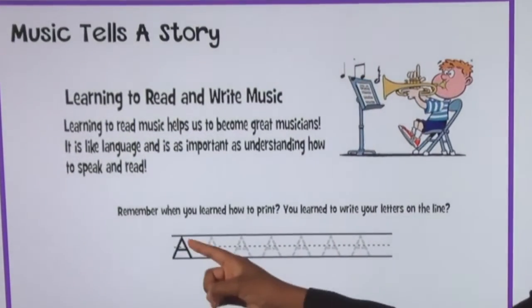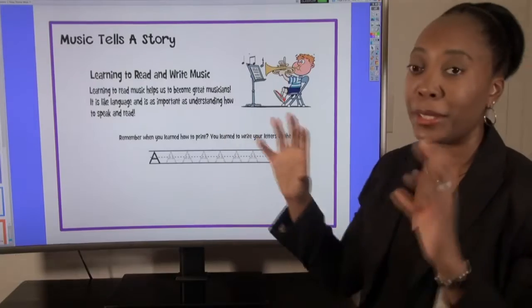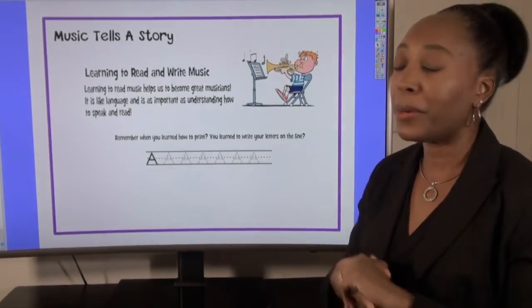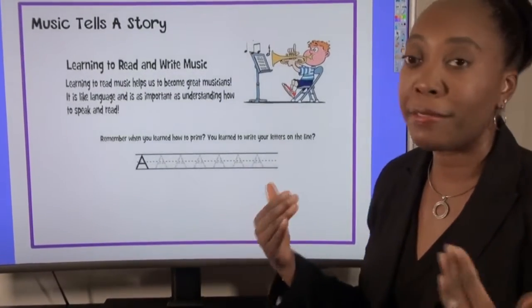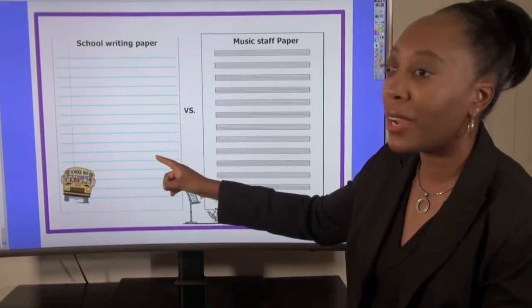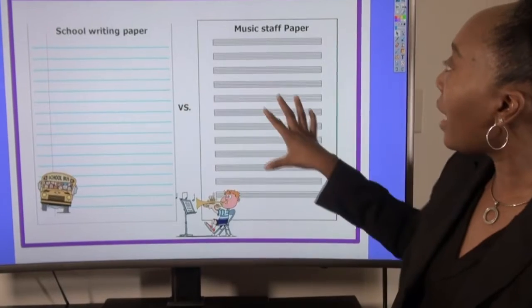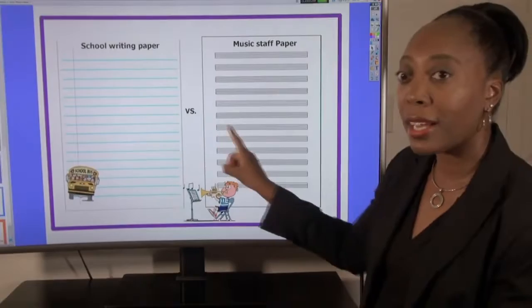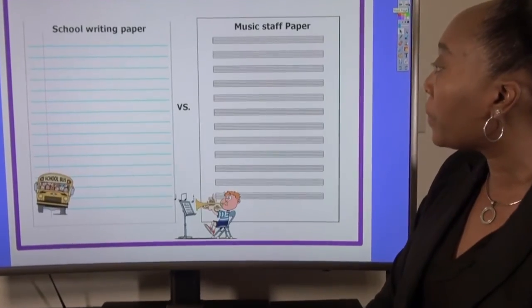Remember how you had to write your capital A's and lowercase a's and all those letters? Music is written on 5 lines and 4 spaces. So remember grade school where you had your lines and you had to write? Well, look at the music staff. They have some similarities.